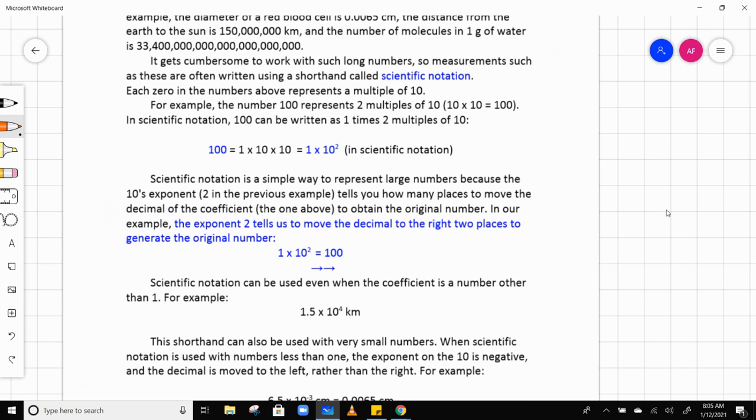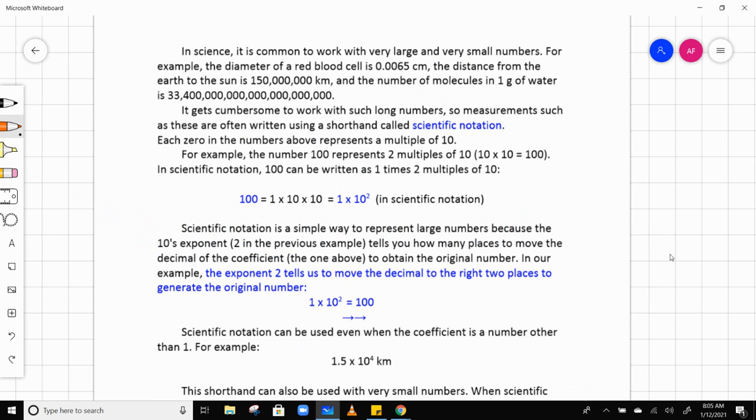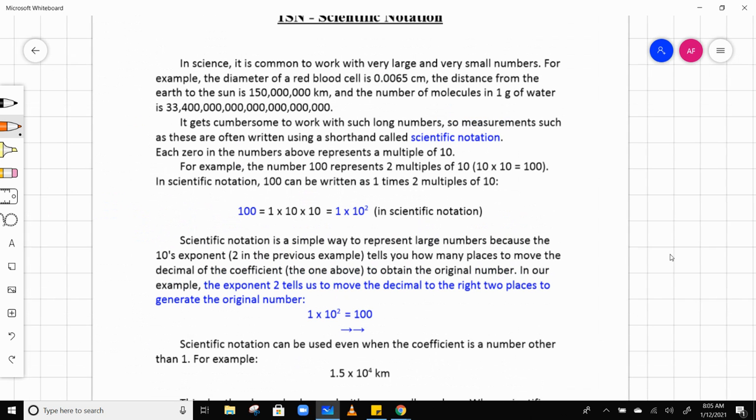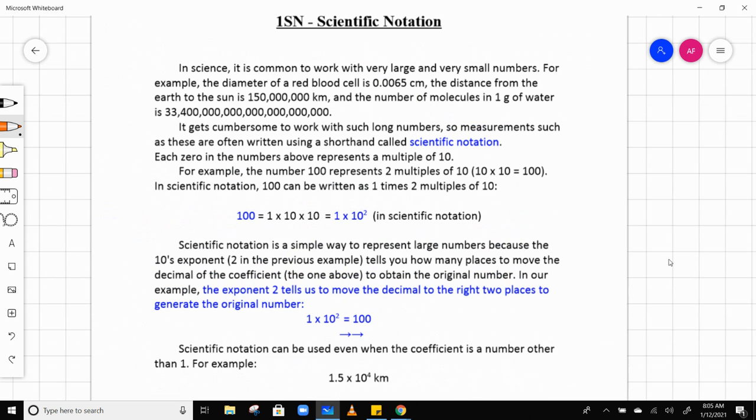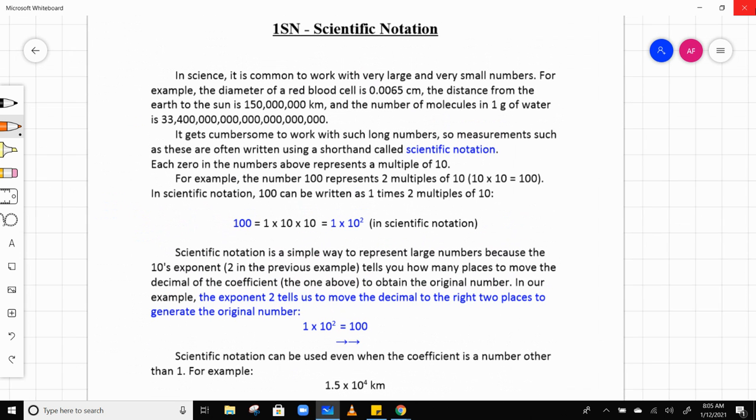Let's talk about scientific notation. Okay. So hopefully you've seen scientific notation before. If you haven't, that's okay. I'm going to explain what it is and how we do it. Basically, in science, it's common that we use very, very large and very, very small numbers. For example, a red blood cell is 0.0065 centimeters.